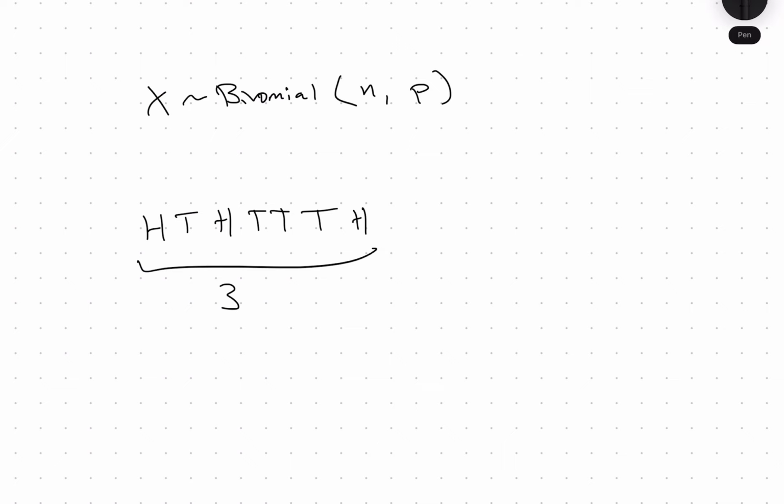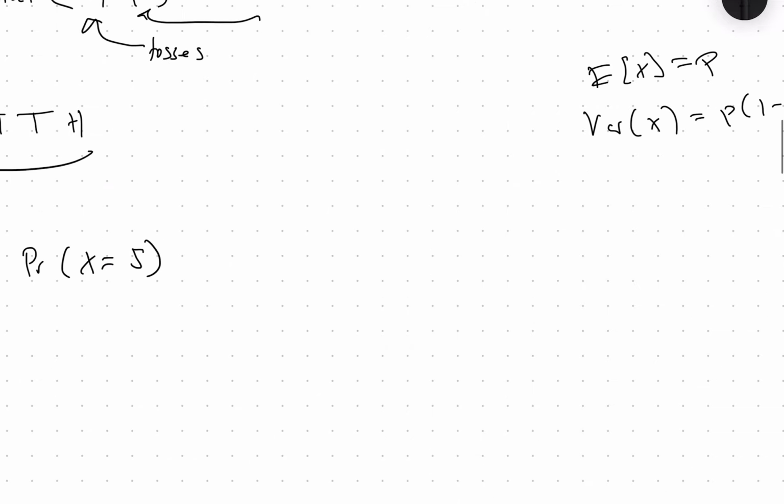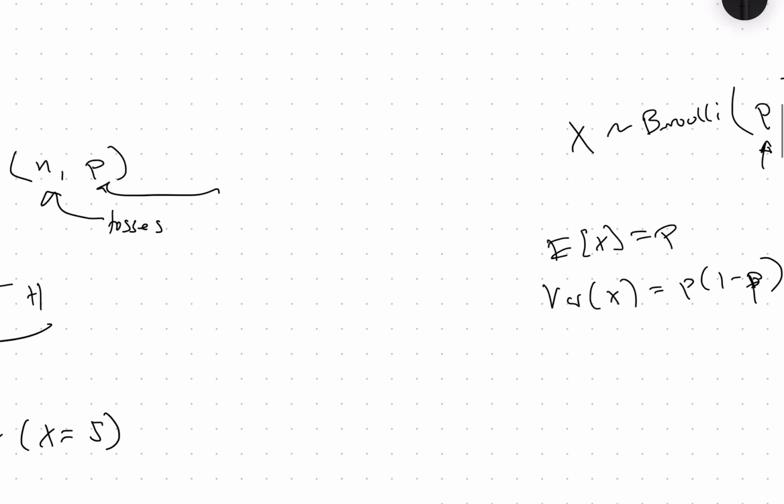I want to know the probability that X equals 3. I want to know the probability that we got 2 heads, or the probability that we got 5 heads in a certain amount of tosses. So N corresponds to the number of tosses, and P corresponds to the probability of a success, in the same way that it corresponds to the probability of success of a Bernoulli.